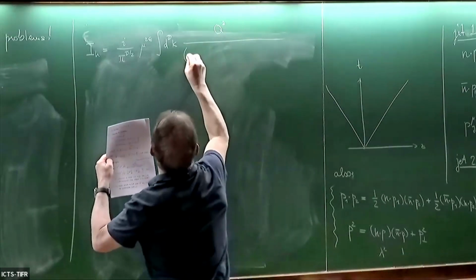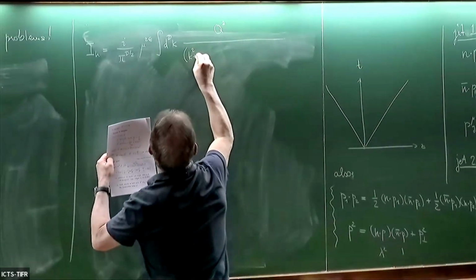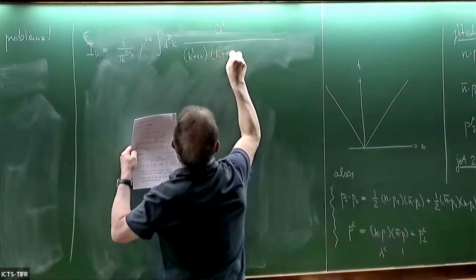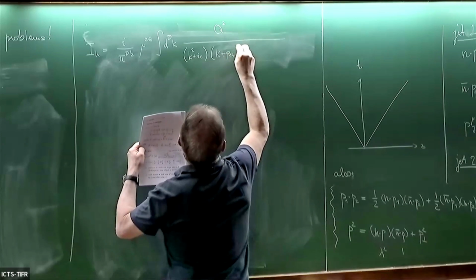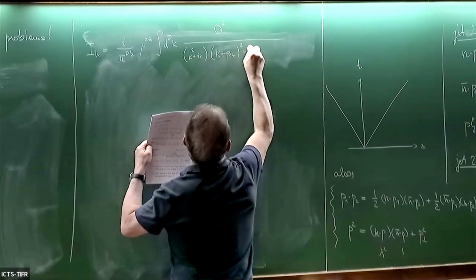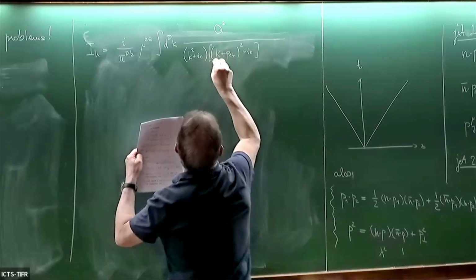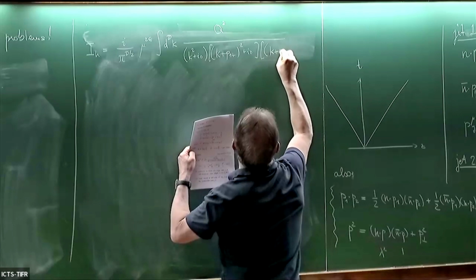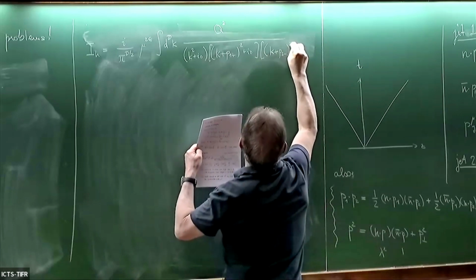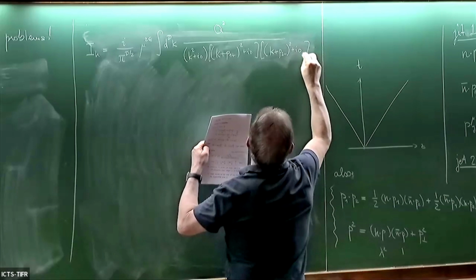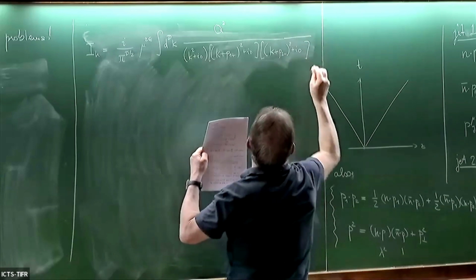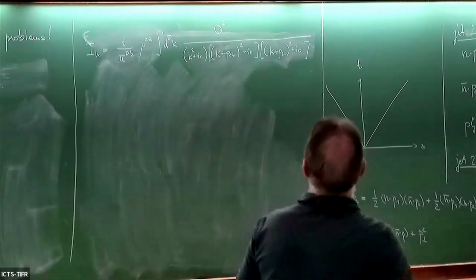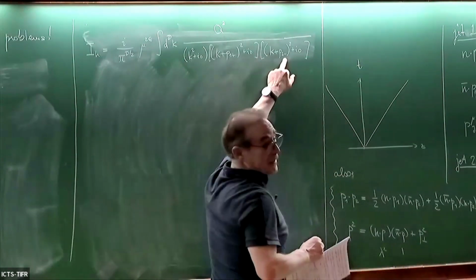Downstairs we get k squared plus i0, k plus p1 plus squared plus i0, and k plus p2 minus squared plus i0. It looks like the original integral. The only difference is the little plus and minus signs here.